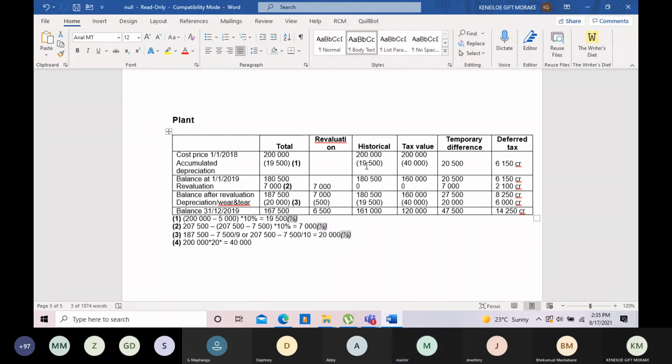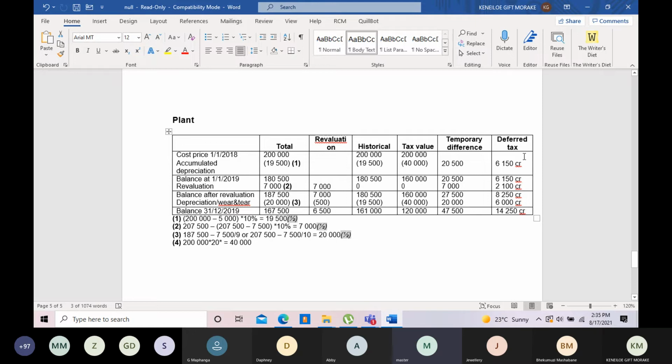Yes, 40,000. The principle says here, tax value minus historical to get the temporal differences. Tax value minus historical to get the temporal differences. So 200,000 minus 200,000, we have 0. 40,000 minus 19,500, we have 20,500.